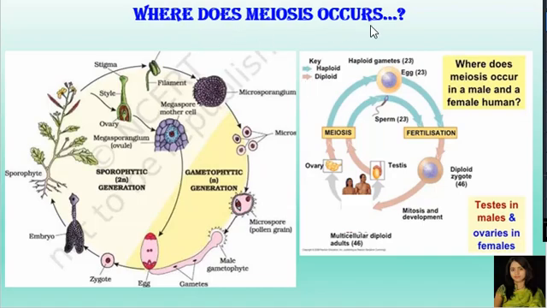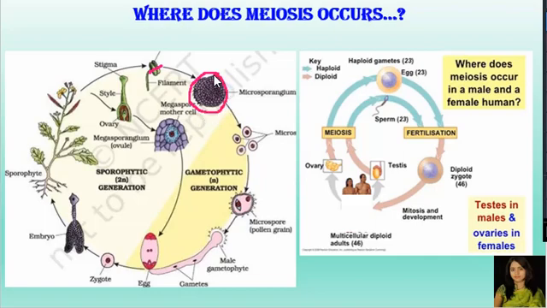Now where does meiosis occur? In higher plants, for example in angiosperms, the flower is the reproductive part. The androecium is the male reproductive part in which the stamens are the individual structures. In the stamen, there is an anther. When you take the transverse section of this anther, 2 to 4 microsporangia are present.